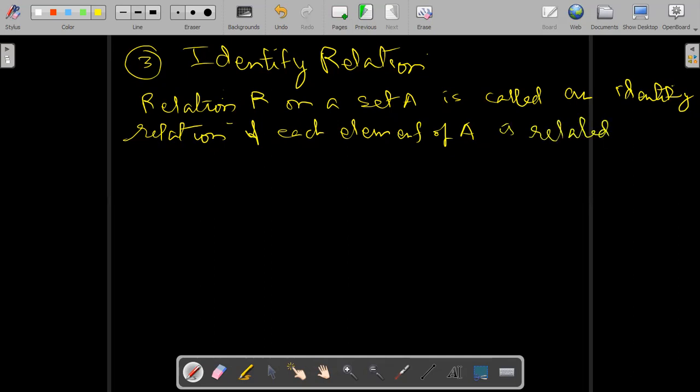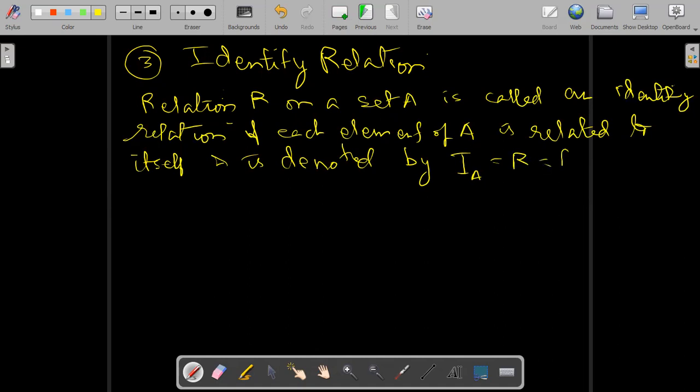It is denoted by IA, because we are taking set A, and this relation R will be equal to (a, a), like 1 1, 2 2, 3 3, where a belongs to A. Okay, a belongs to A.